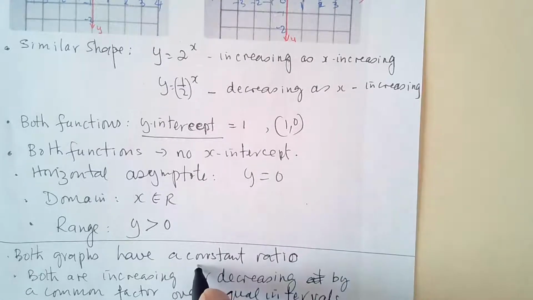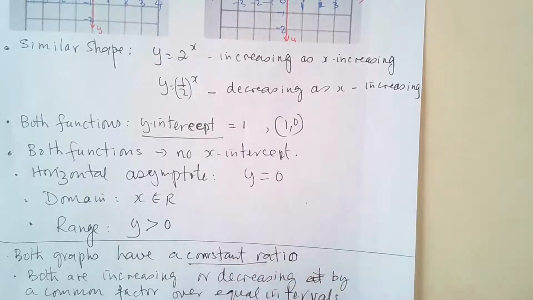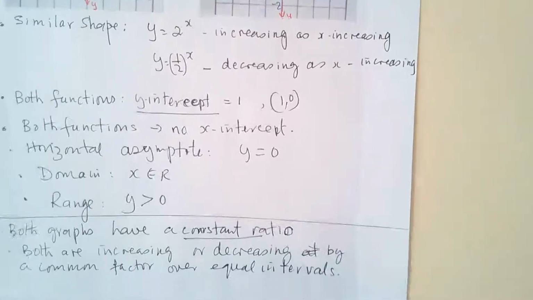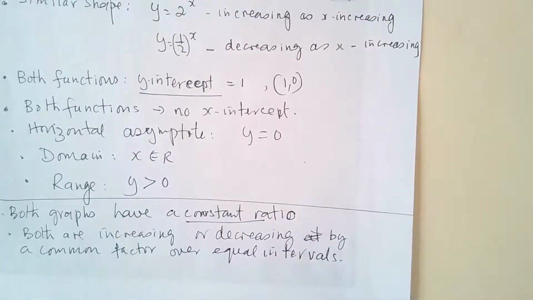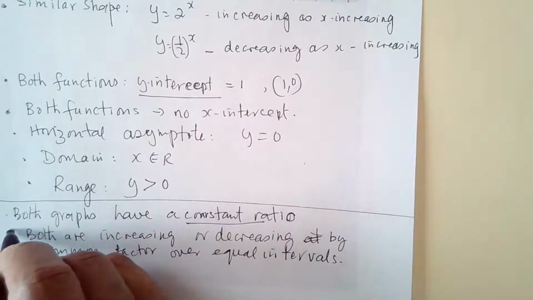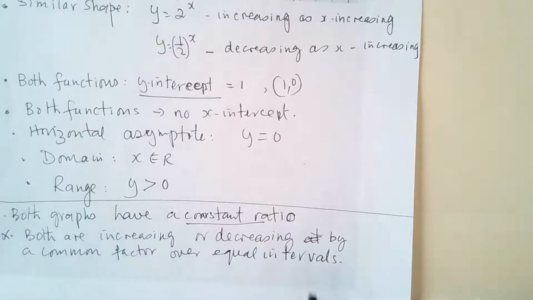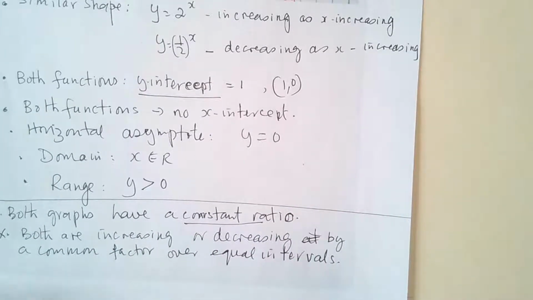So the ratio is constant. We have a constant ratio between consecutive y values. This is critical to know if you look at the constant ratio characteristics.